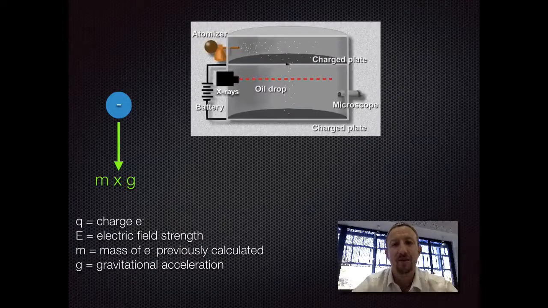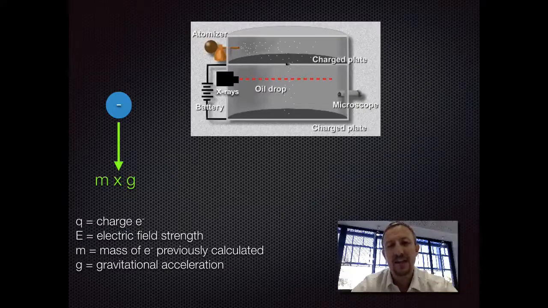So the mass of the oil drop would fall due to the effect of gravity, where m is mass and g is gravitational acceleration. Now, using the microscope, he was able to vary the positive charge on the top plate, which caused attraction from the negative electron to the positive plate at the top.